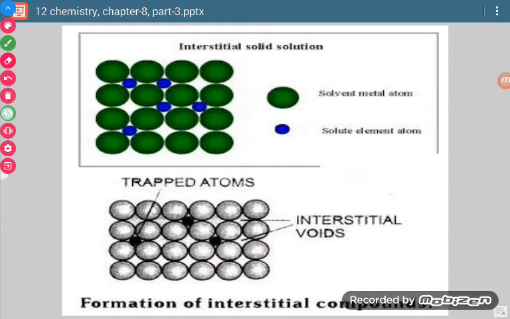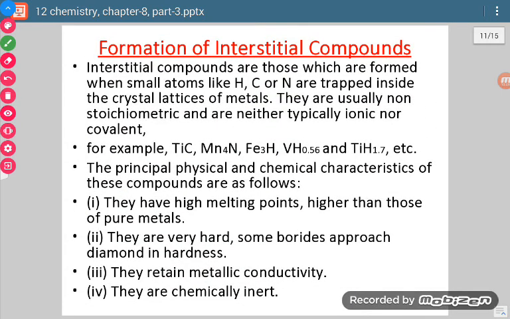So if we see the crystal lattices of transition metals, there is enough space between the spheres where small sized atoms like hydrogen, carbon or nitrogen can be easily accommodated, and then the resulting substance formed will be termed as an interstitial compound.